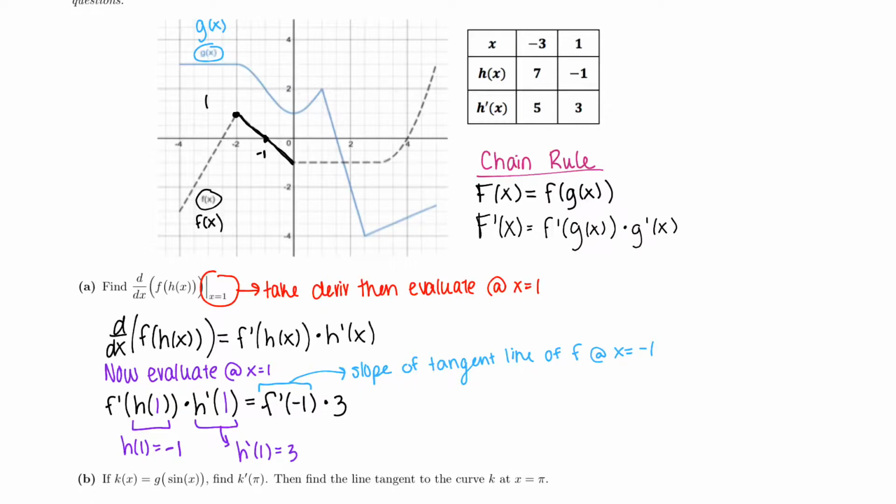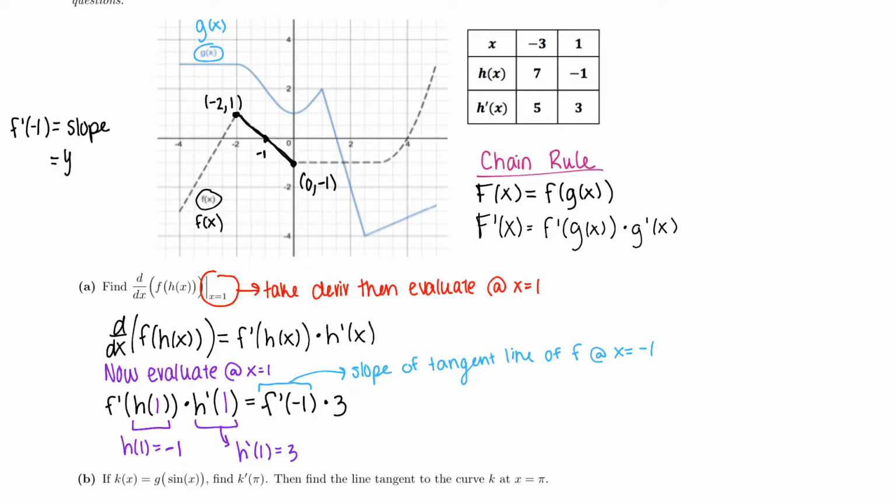So this is the point negative 2, comma 1, and this is the point 0, comma negative 1. So f prime of negative 1 is just the slope of that line.